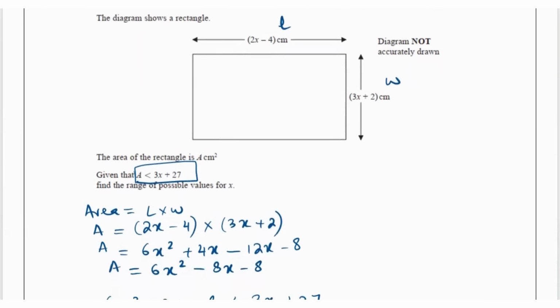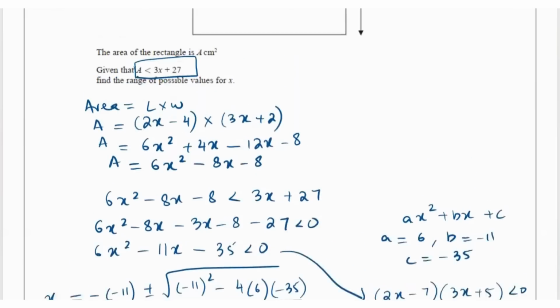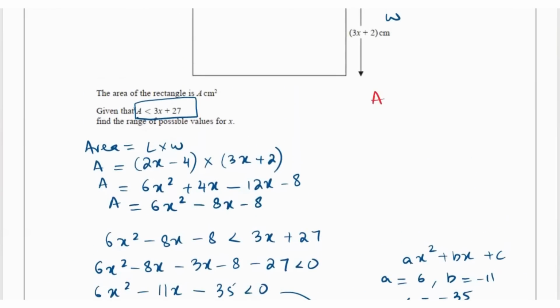So since we're getting -5/3 to 7/2, we know that x cannot be negative, which means the lowest value for x we can begin from is 0. So we put 0 in this. That gives us -8. Area cannot be negative. Then what we need to do is we need to go higher.